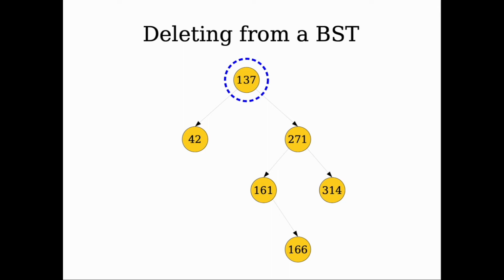However, what about if mag-e-exist yung left and right child ng particular node na dinidelete natin? Basically, it will disconnect the tree if you delete this one. But how can we create one binary search tree from this deletion? So if we remove 137, what will happen is that we need to follow certain processes.